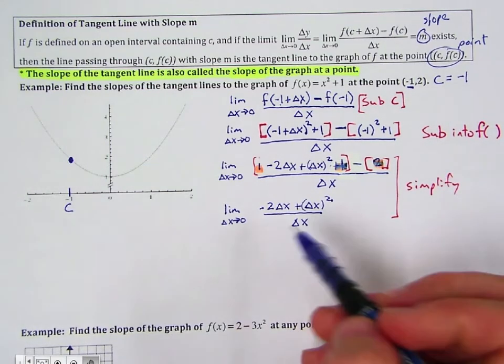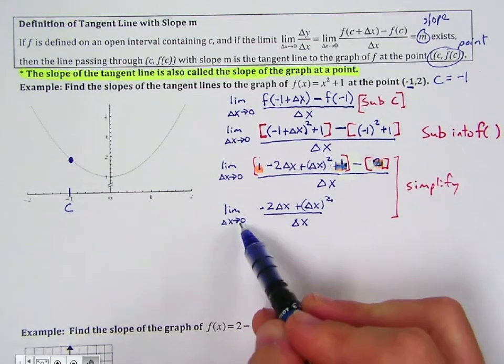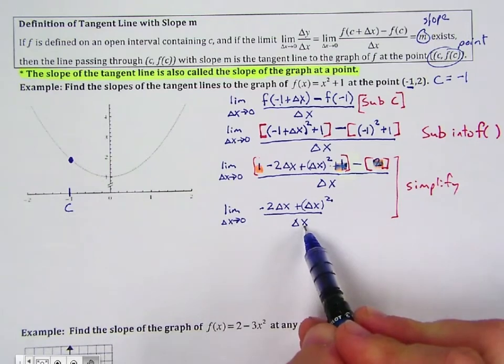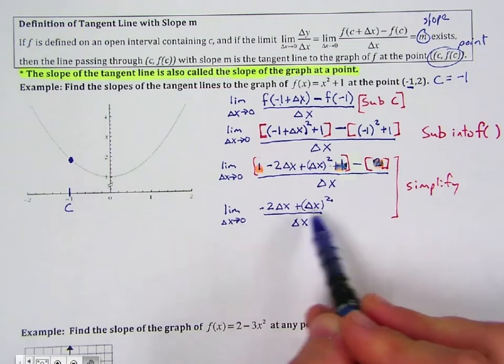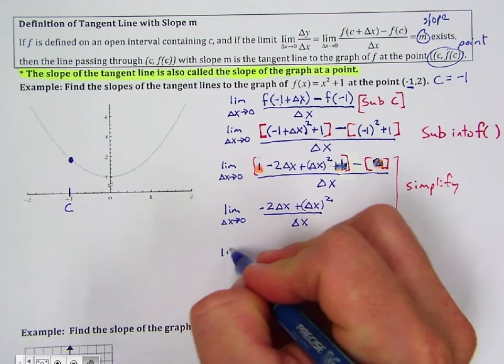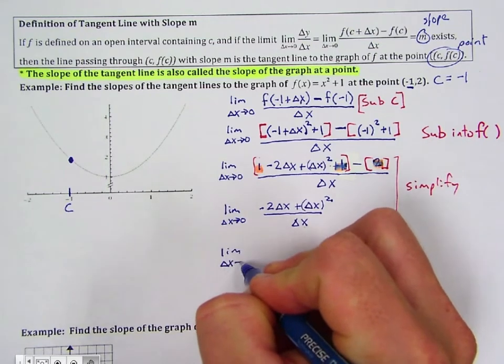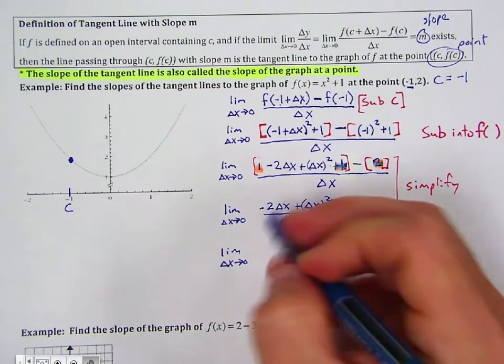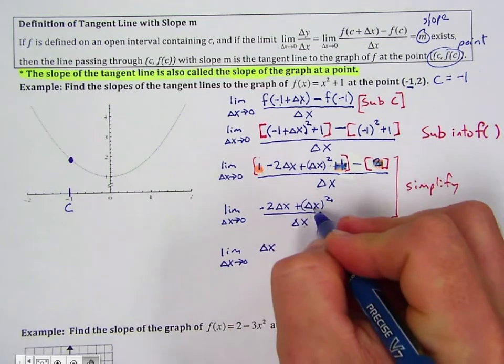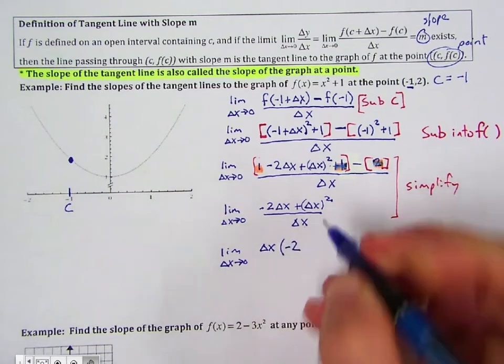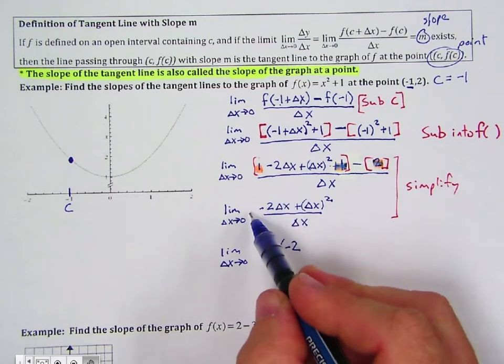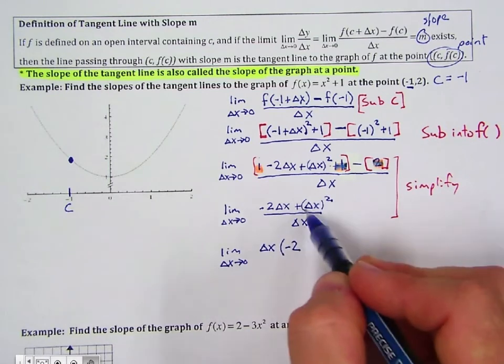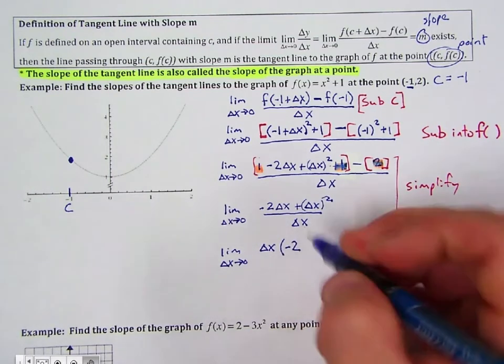Now if we look at this, remember the problem with direct substitution was we couldn't put 0 in for delta x, but now watch what happens. We saw the limit as delta x goes to 0. We can factor a delta x out of the numerator. So we take a delta x out of this factor, and we take a delta x out of this.